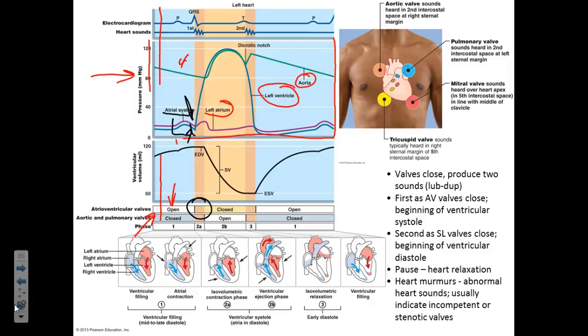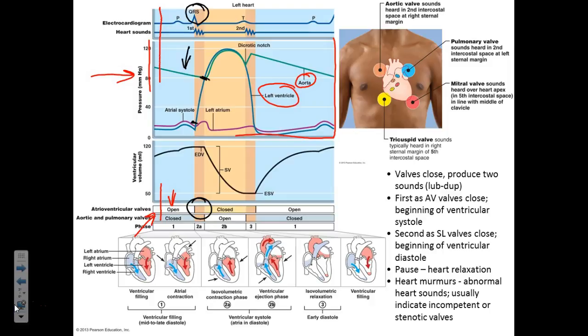And that's the moment when QRS complex is initiated. So atrium starts to relax, ventricle slowly starts to contract. Okay? And then you see that for some time the pressure in the ventricle, although it rises, it is still lower than the pressure in the aorta. So that's isovolumetric contraction.